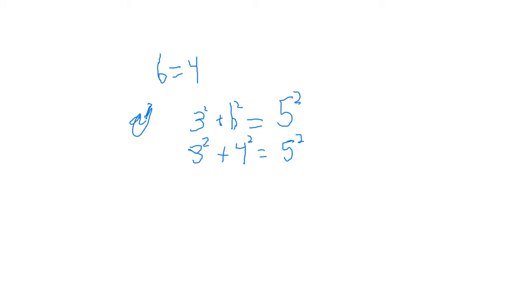Well, 3 squared we know is 9, right? 4 squared we know is 16. 5 squared we know is 25, right? And is this equation true? Well, yeah, 16 plus 9 is 25. So this is true. So our answer is right.